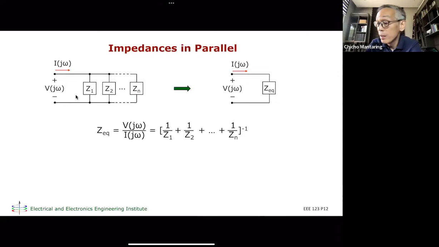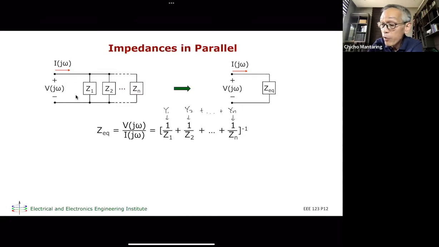The equivalent impedance is the reciprocal of the sum of reciprocals of the different impedances. Note that these are actually the admittances. This is Y1, this is Y2, all the way to Yn.